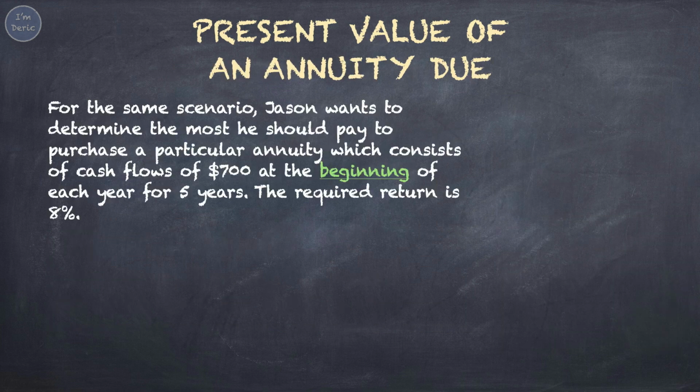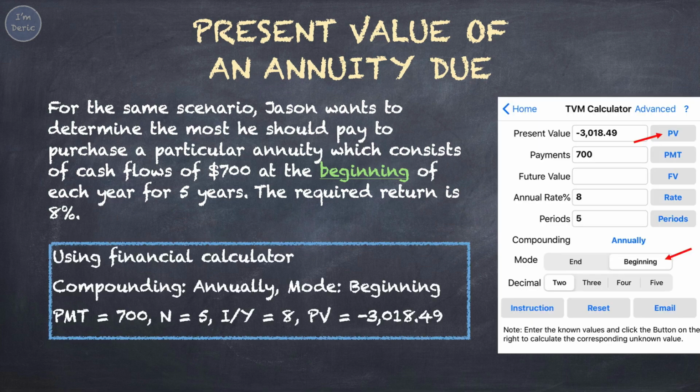Next question, for the same scenario, Jason wants to determine the most he should pay to purchase a particular annuity, which consists of cash flows of $700 at the beginning of each year for 5 years. The required return is 8%. Using financial calculator, set annually compounding, and set beginning mode.